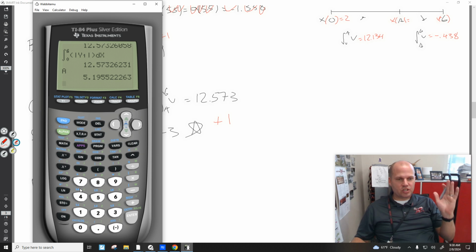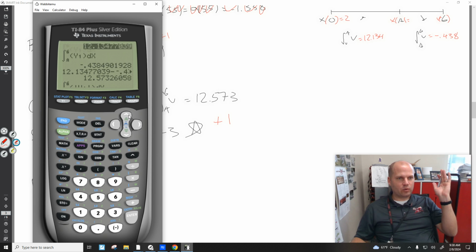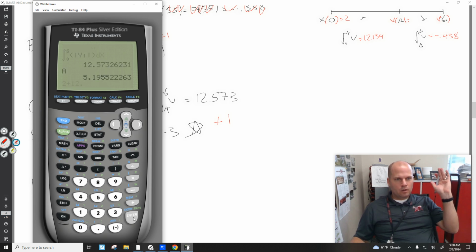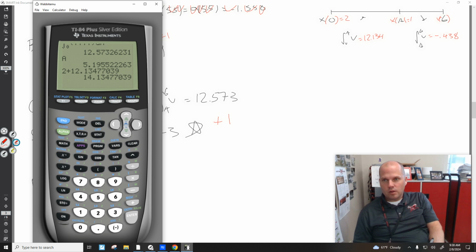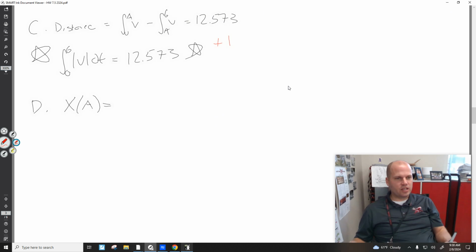For this part, we just need to take 2 and add the accumulation from 0 to A, which we found earlier. Bam, 14.134. This is not your work. What you must do is say, I took my position at time 0, whether you use the number or not.